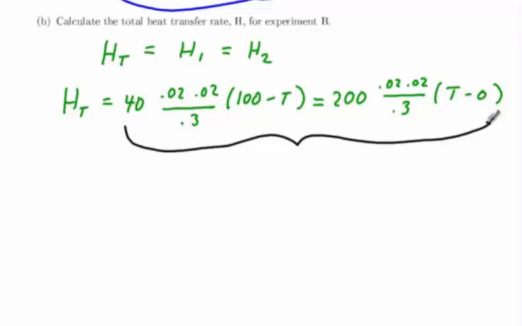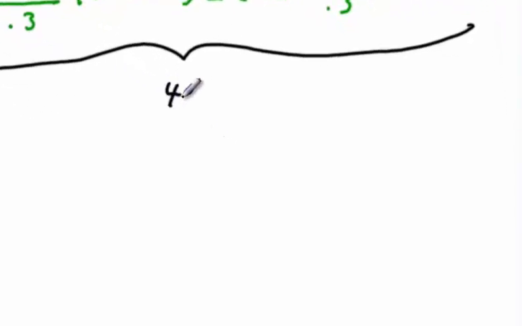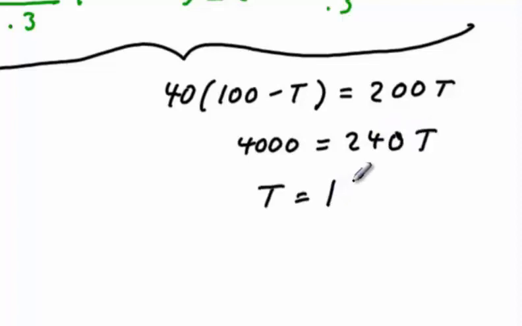Fortunately, the areas and lengths will cancel out, leaving us with a very simple formula: 40 times 100 minus T is equal to 200T. We'll bring all the temperature-containing terms to the right, leaving us with 4,000 on the left is equal to 240 times the temperature T, which yields a temperature T of 16.66 degrees Celsius.